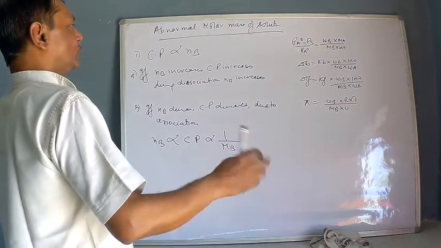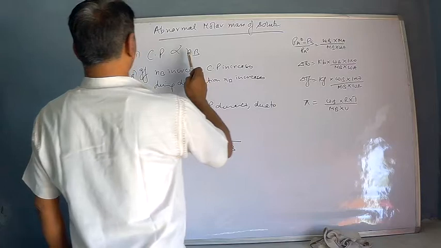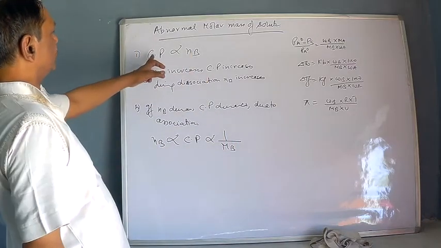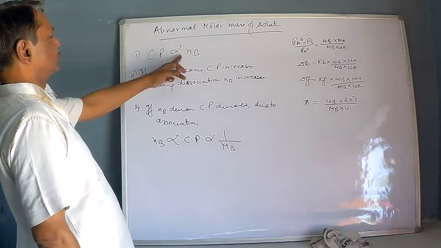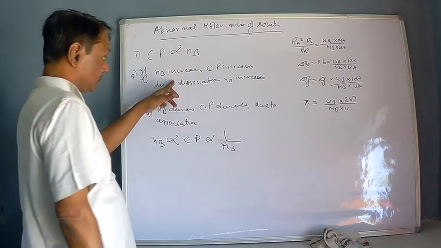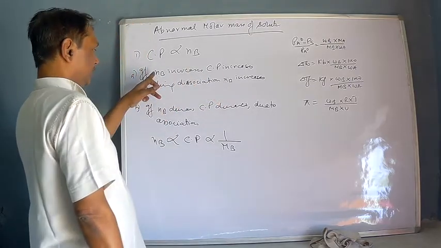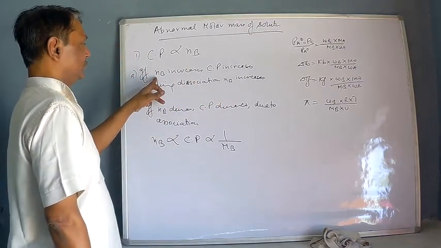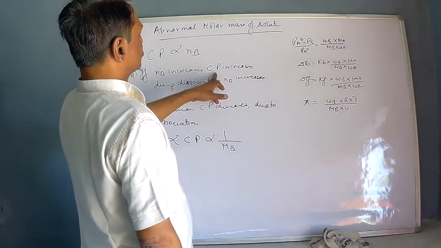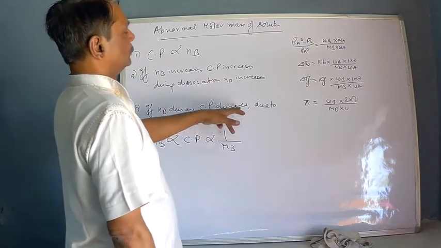Why it was high and why it was low, that can be understood from here. We all know that colligative property is directly proportional to number of moles of solute particles. If NB increases, then colligative property is definitely going to increase. I repeat, if number of moles of solute increases, then colligative property also increases. If NB decreases, colligative property also decreases.